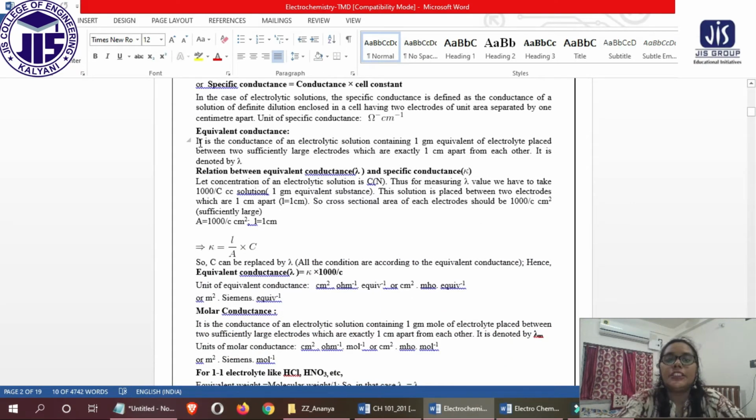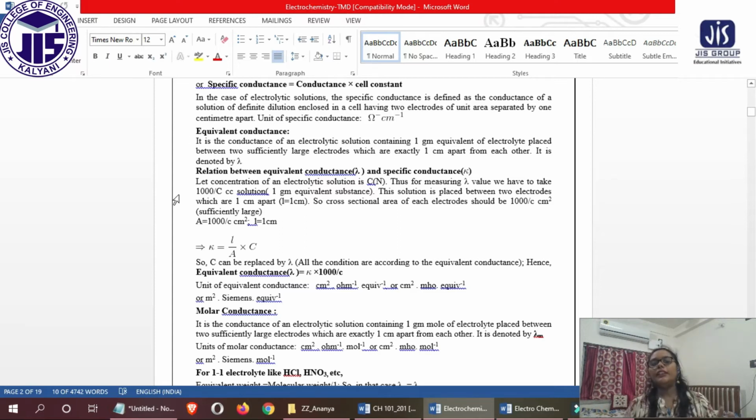Next we have the equivalent conductance. It is the conductance of an electrolytic solution containing 1 gram equivalent of electrolyte placed between two sufficiently large electrodes which are exactly 1 centimeter apart from each other. It is denoted by lambda.